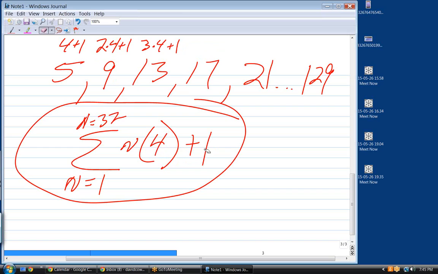That allows me to figure out exactly how the sigma notation must look, because I can see what's counting up, 1, 2, 3. Well, that's what n does. So that tells me it has to be n times 4 plus 1.